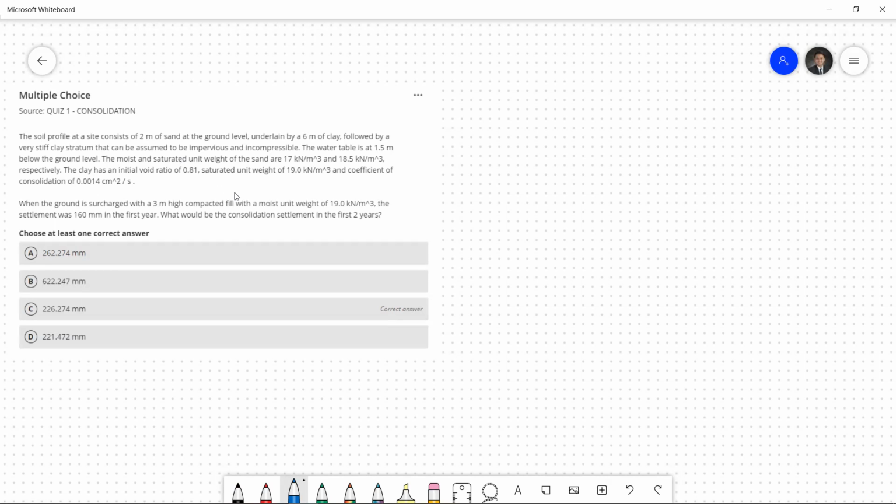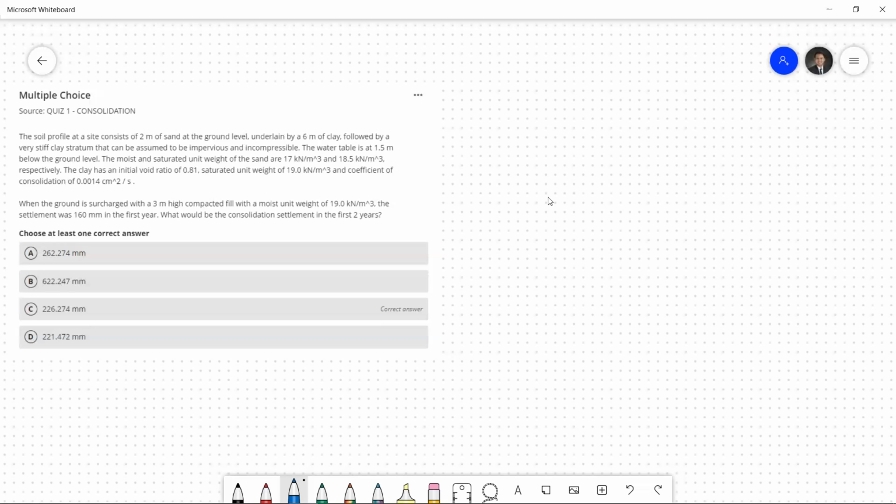We are guaranteed only that the 160 millimeters in the first year is not yet the completed primary settlement, and also the second year, since the problem is not stating that it was completed. Therefore, we need to determine the complete primary settlement in the problem.